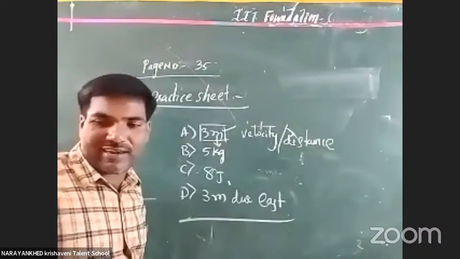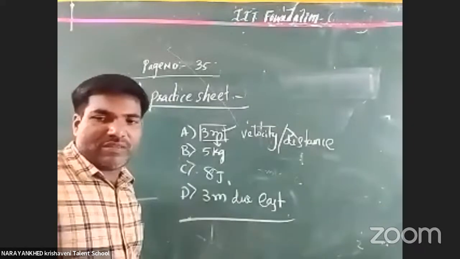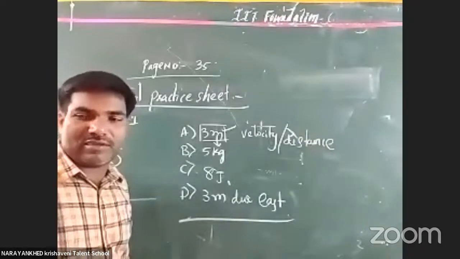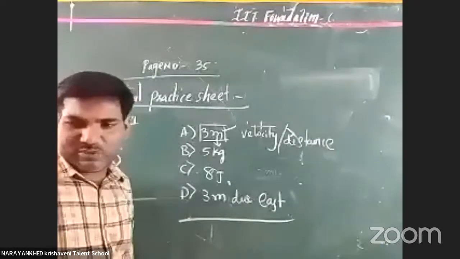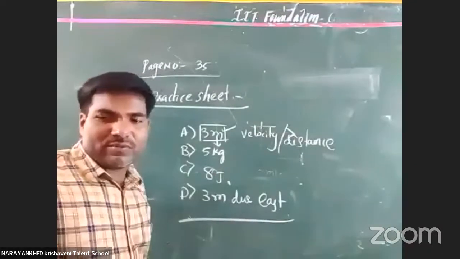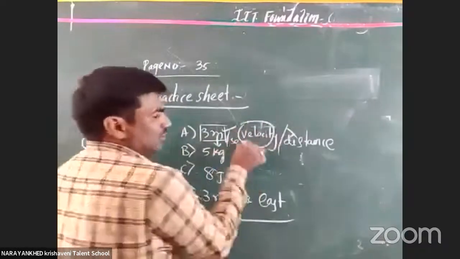In the first lesson, we already completed measurement, units and dimensions. In that, we completed that meters are measured for length. Clear or not, all the students? Meters are measured for length, and meters per second are measured for velocity.